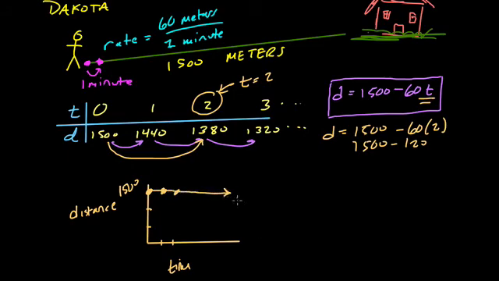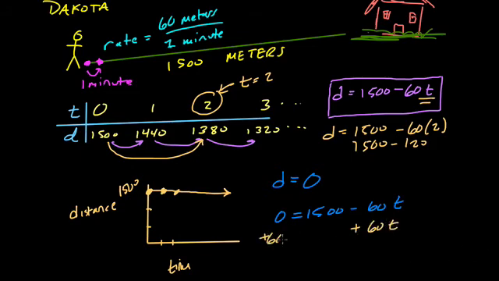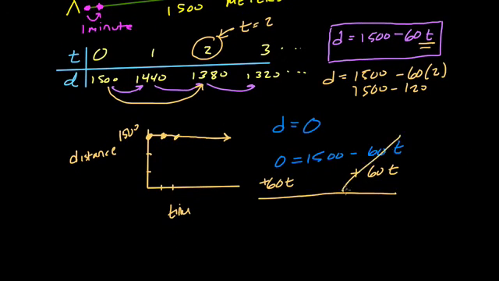And you can ask, well, how long would it take for her to reach school? We can use that equation. So that means that d equals what? Well, when she reaches school, d equals 0. So how long will it take for this line to reach 0? How many minutes? Just plug it into your equation. 0 equals 1500 minus 60t. So to solve for t, I would add 60t to both sides. I just want to turn that into a positive and get my variable all on one side. These cancel out.